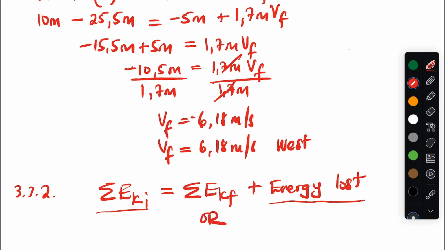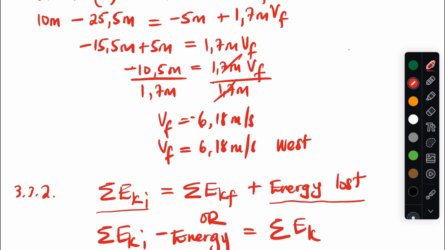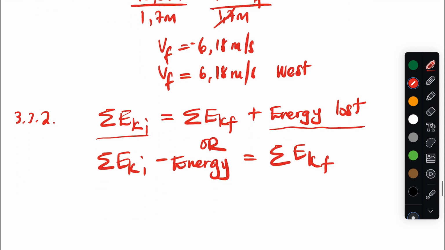Alternatively, what you can do here, you can say the total kinetic energy before minus the energy lost equal to the kinetic energy after. So you can use any that will help us to calculate the mass.